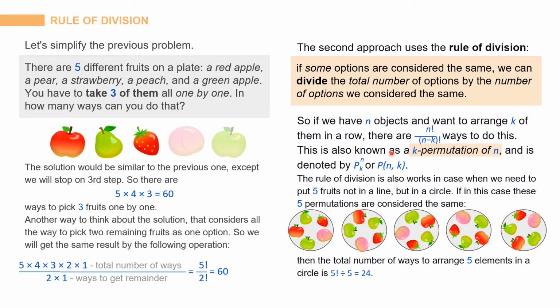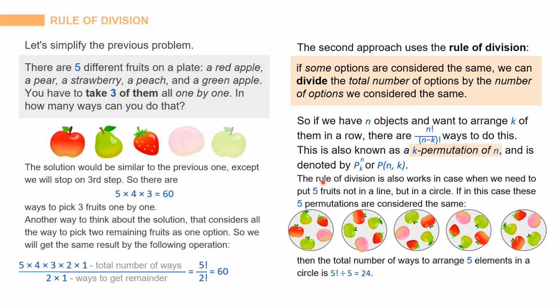This is also called the k-permutation of n and is denoted by P superscript n subscript k, or you'll often see it written as P(n, k). So it's the permutation of n objects, arranging k of them.